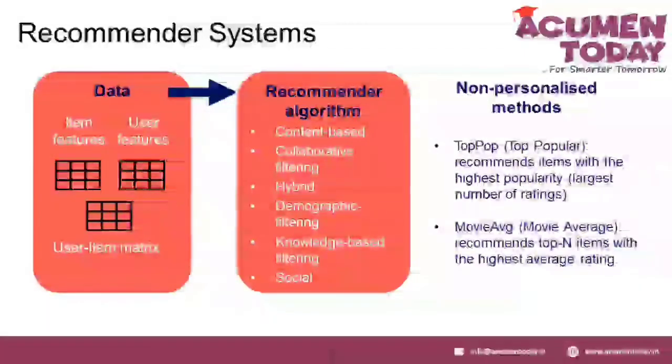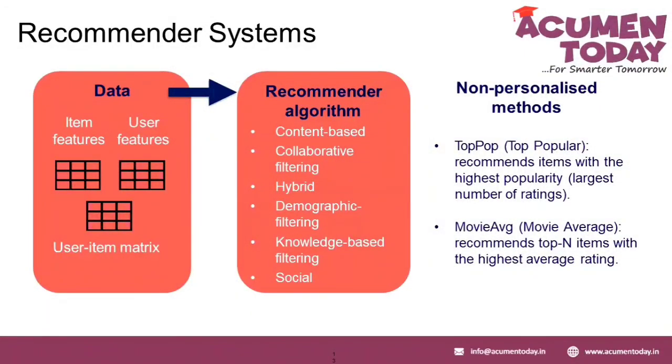So my data, which is mainly of the user and the item, comes into my recommendation system, and I would put in some content-based and collaborative filtering to come up with top pop, which means the most popular thing comes up. This is a completely non-personalized method wherein the most popular thing comes up, which I may like or I may not like.